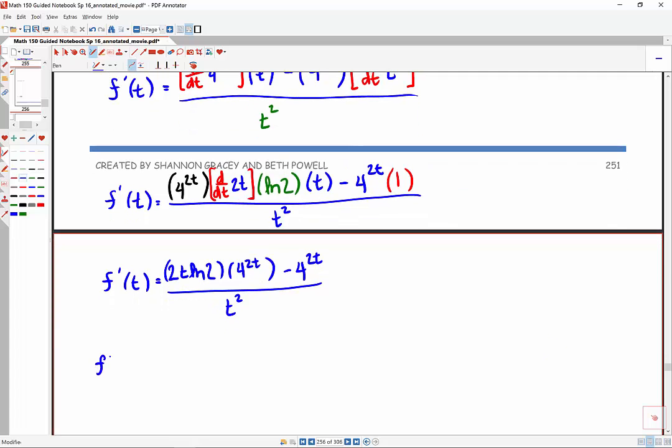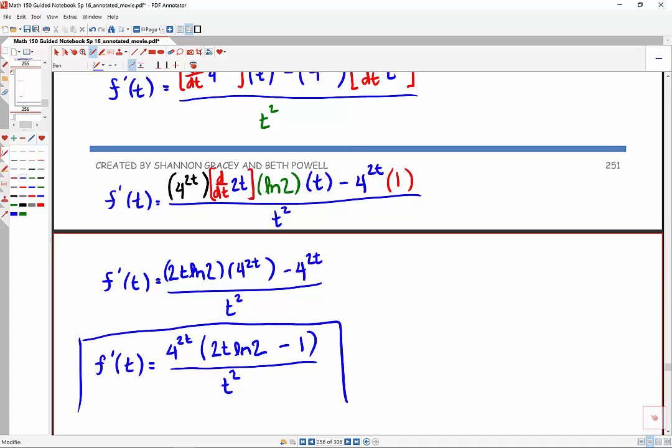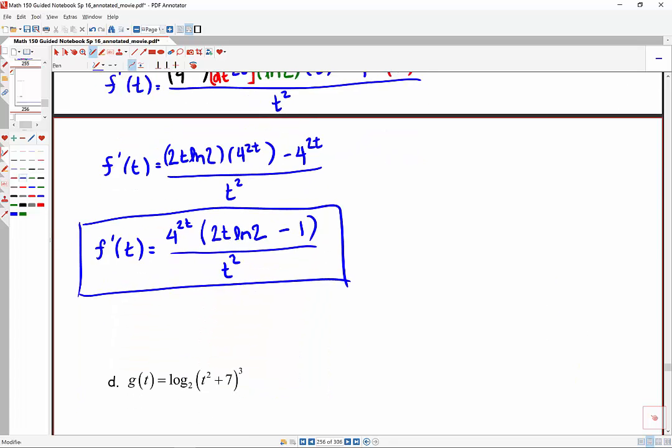And finally, we can factor out the 4 raised to the 2t, and we'll be left with 2t times natural log of 2 minus 1, all over t squared. And we are done with that guy. All right? Good so far? Great. Hang in there.